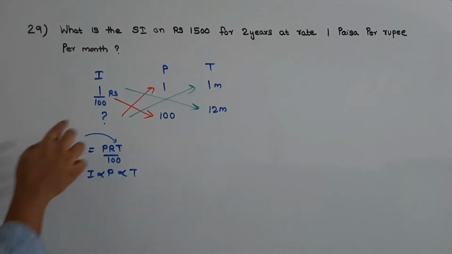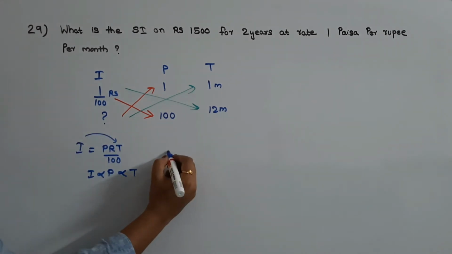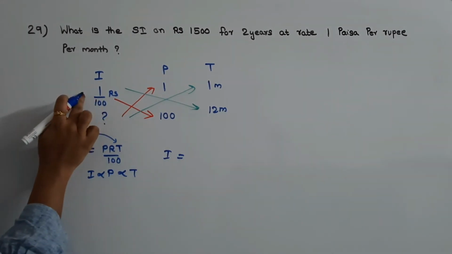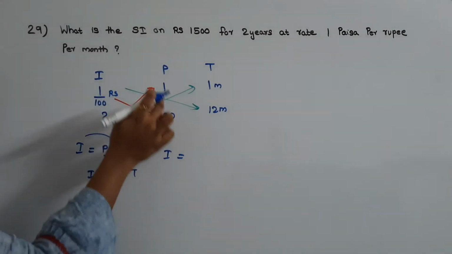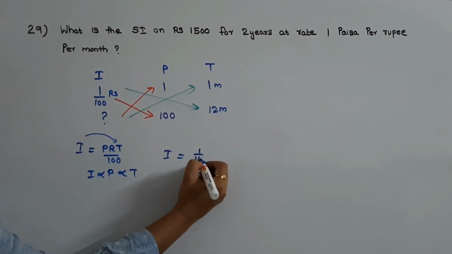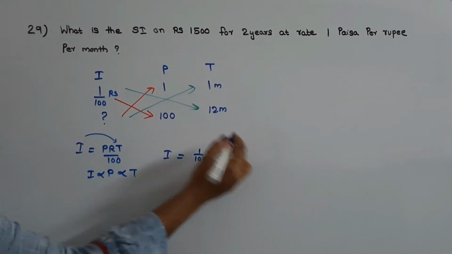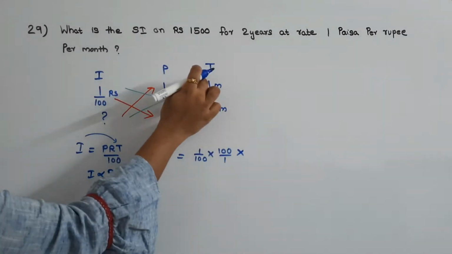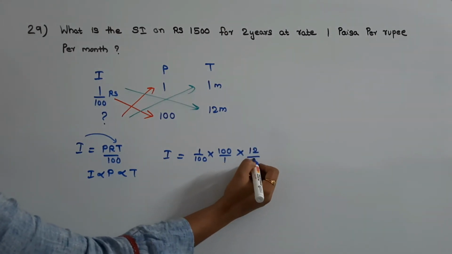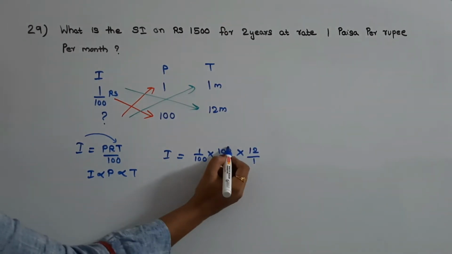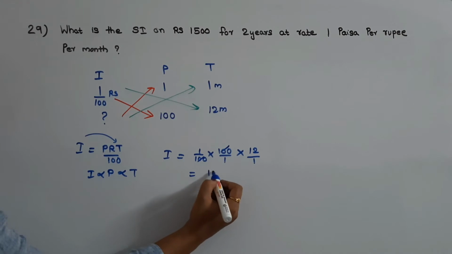So, how can we find this? Interest is equal to 1 by 100 into 100 by 1 into 12 by 1. So, that will be equal to 12.